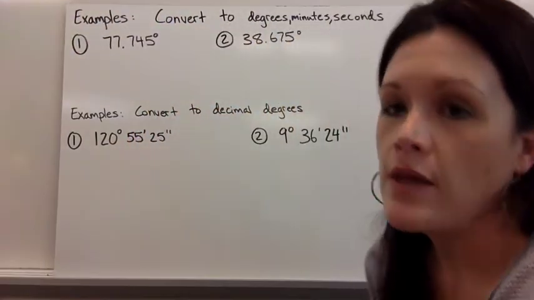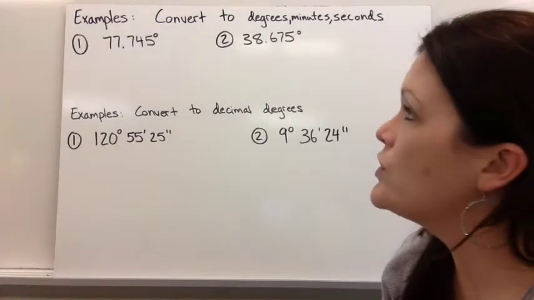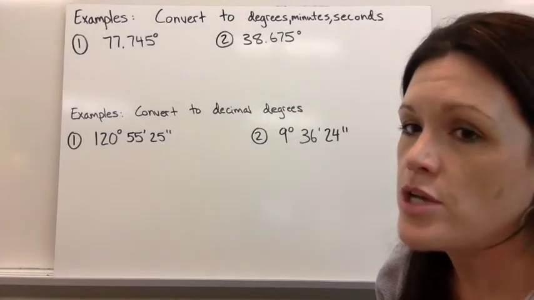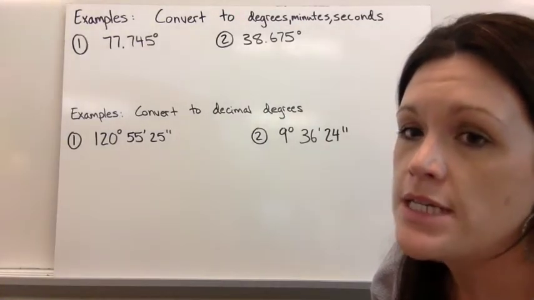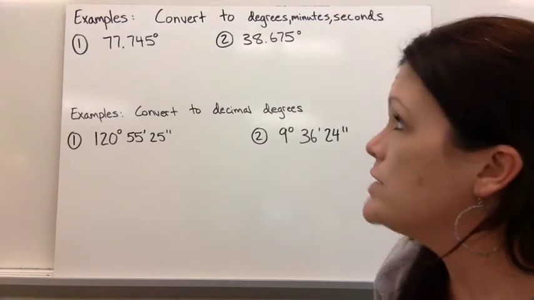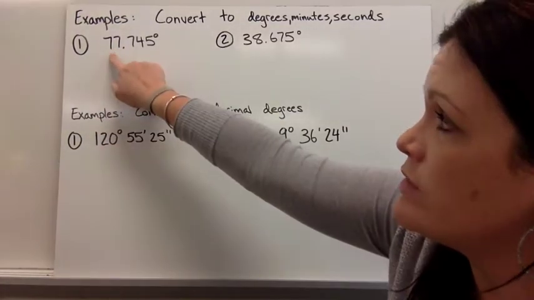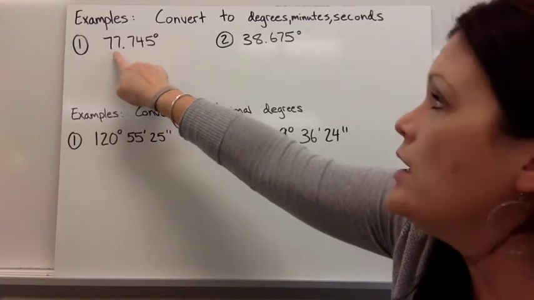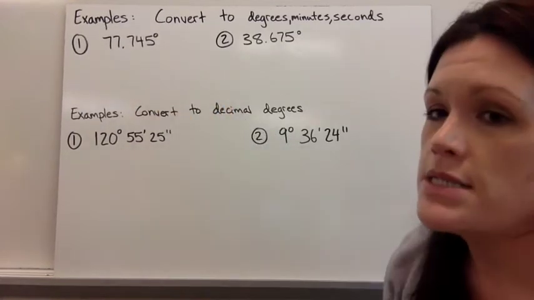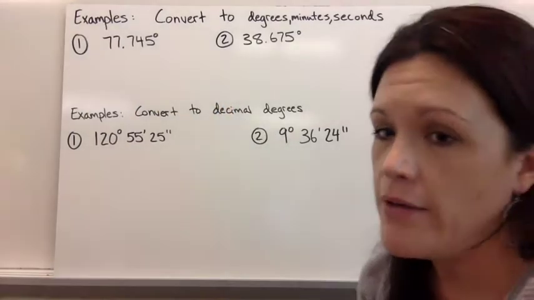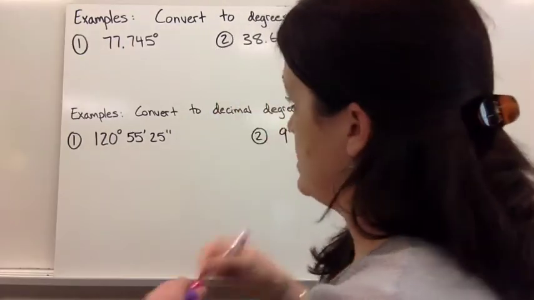I have two examples of each type. So if you're given a decimal degree measure and you're asked to convert that into degrees, minutes, and seconds, you take the degrees, so 77 whole degrees is right there, and then you have a decimal. So take the decimal 0.745 and multiply it by 60.